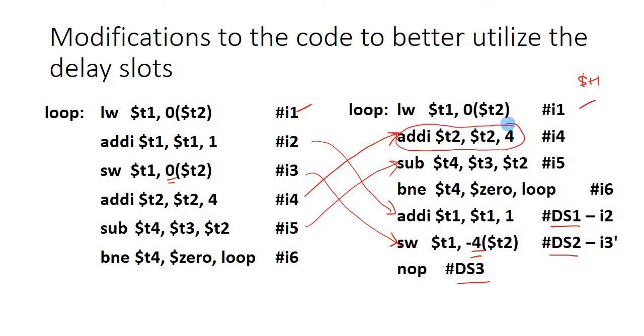I did the addition earlier, so when I'm doing the store word over here, I use an offset of -4. So you can see that this is one way in which you can reorder code as well as slightly modify the code to make better use of the delay slot.